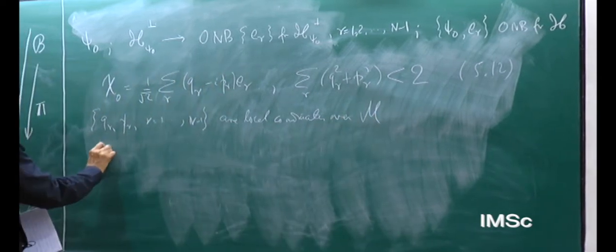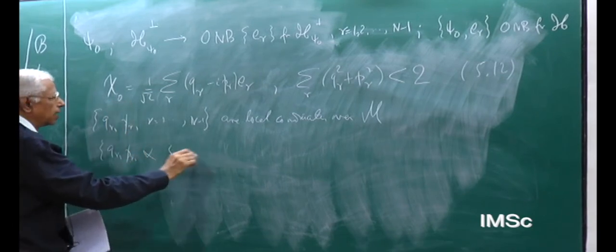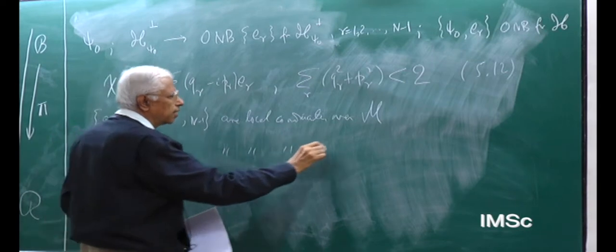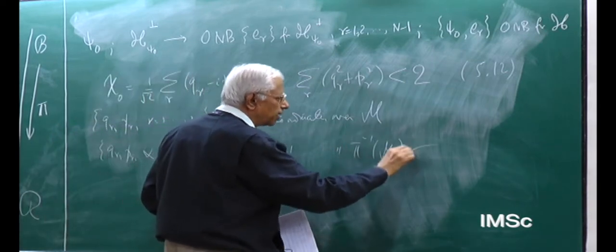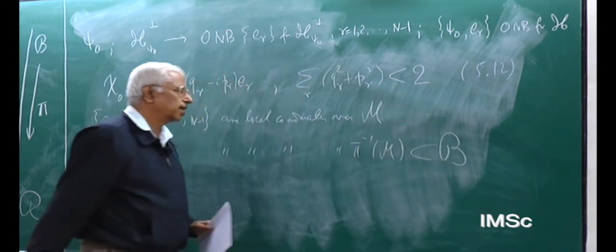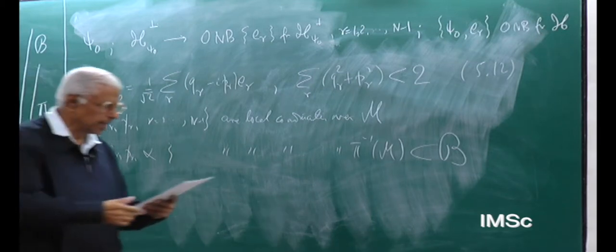And then qr, pr, and alpha are local coordinates over the portion of the unit sphere in Hilbert space which is sitting on top of M. Just one additional phase angle has to be added to get a coordinate system for this portion of the full space. All right.